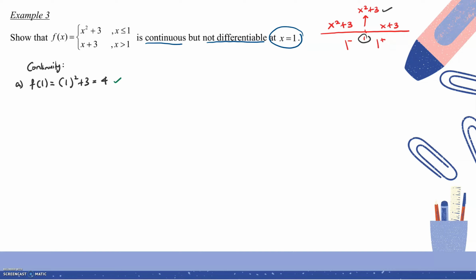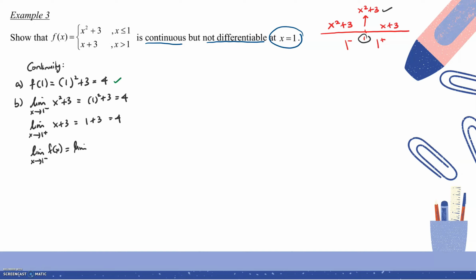f(1) is defined. The second condition is to check whether the limit exists at x equals 1. So now we have the limit as x approaches 1 from the left of f(x) is equal to the limit as x approaches 1 from the right of f(x).